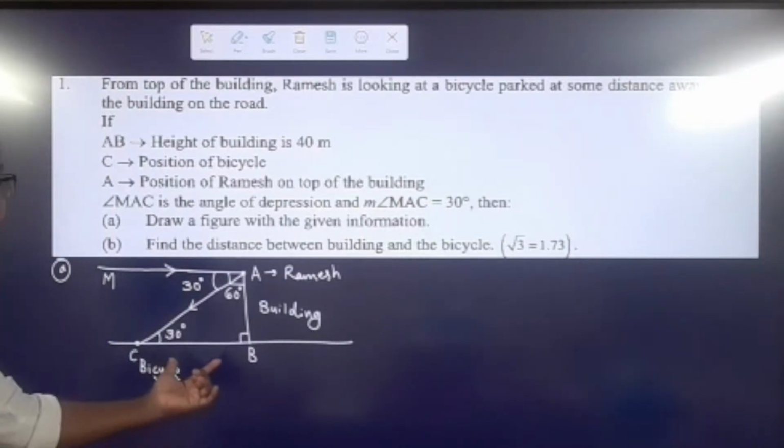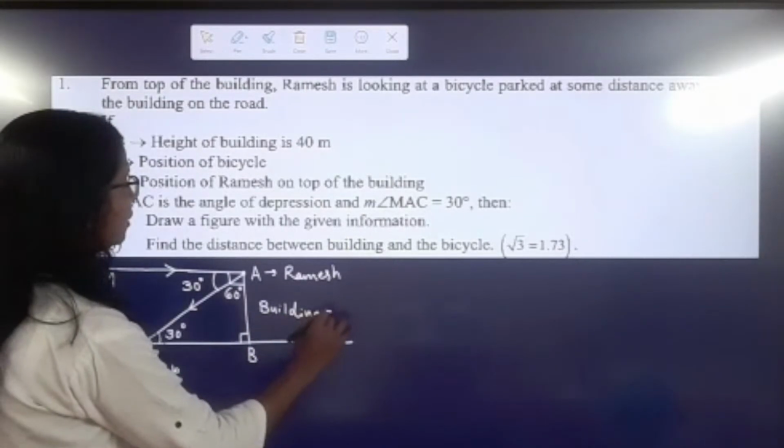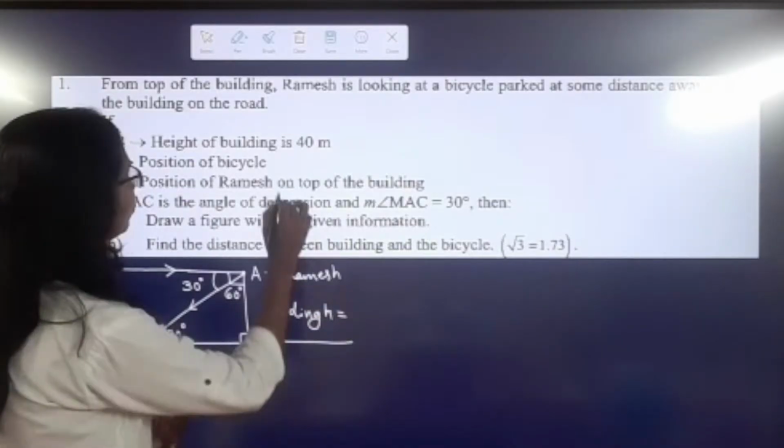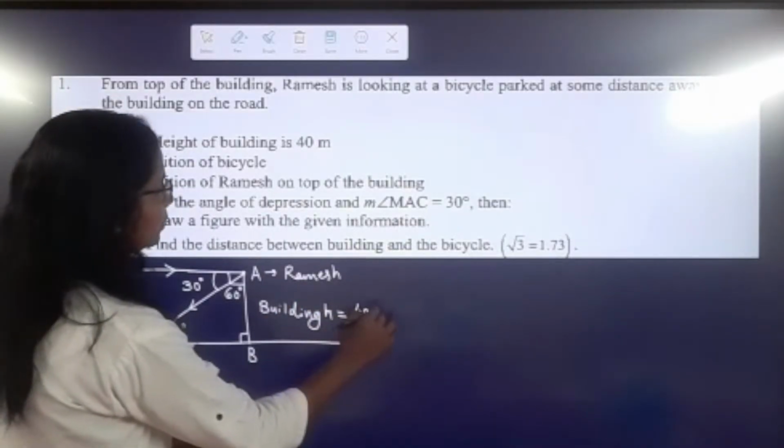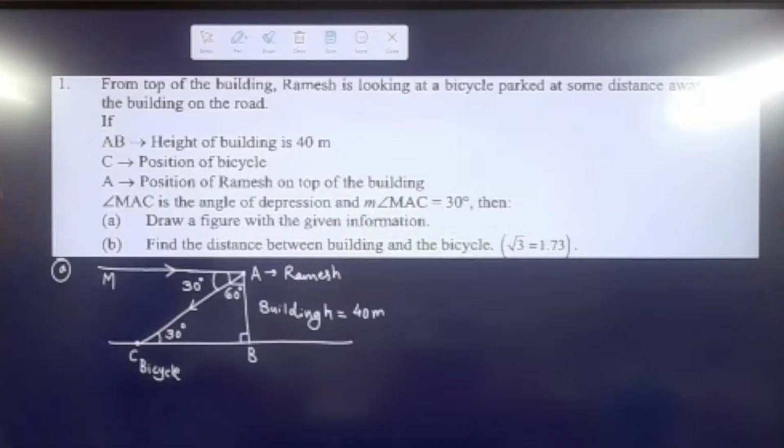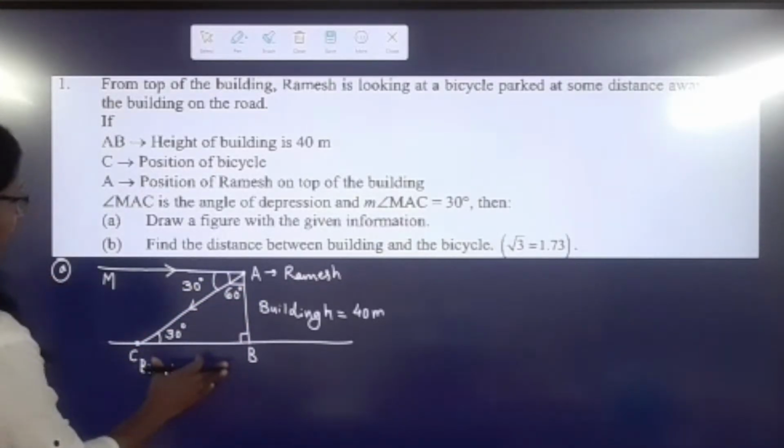Here student, giving that H is equal to 40 meter. That is the necessary part that you have to write down. So that much is enough. Then the next, find the distance between the building and the bicycle. That means we have to calculate the BC.